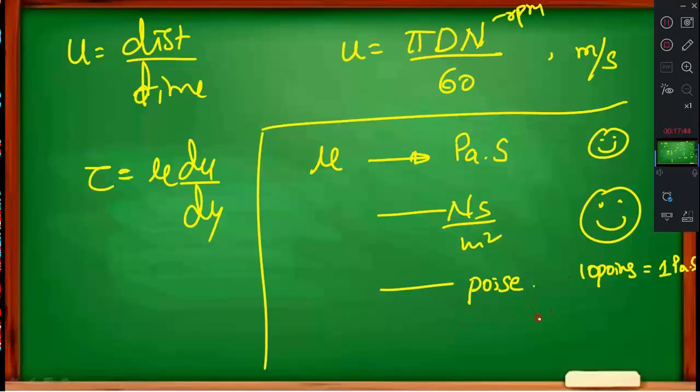No doubt? Let me write this one. 1 poise equal to 0.1 Pa second or 10 poise equal to 1 Pa second.